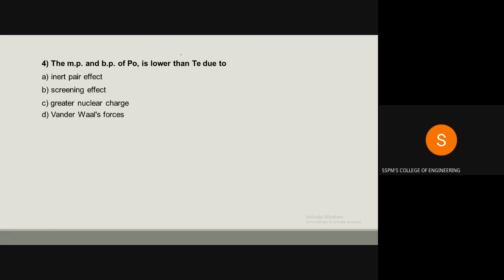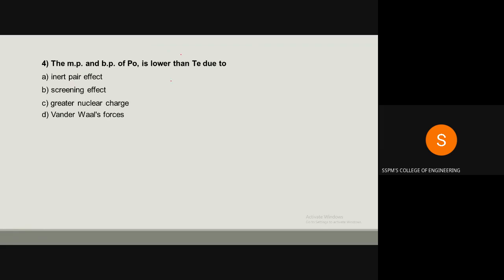So see these physical properties. The melting point and boiling point of polonium is lower than that of tellurium. It is due to inert pair effect, screening effect, greater nuclear charge, or van der Waals forces. When we talk about melting point and boiling point, van der Waals force is very important. Van der Waals force is a weak force of interaction.